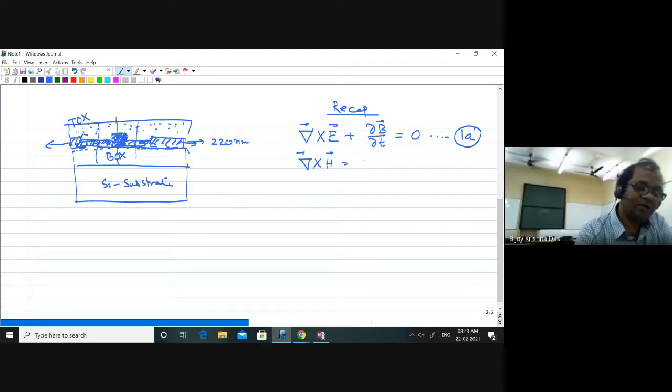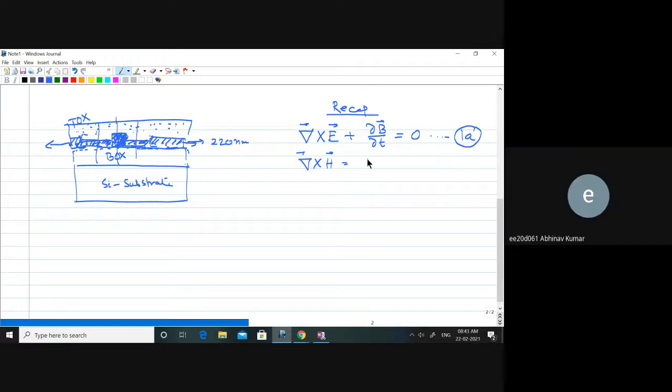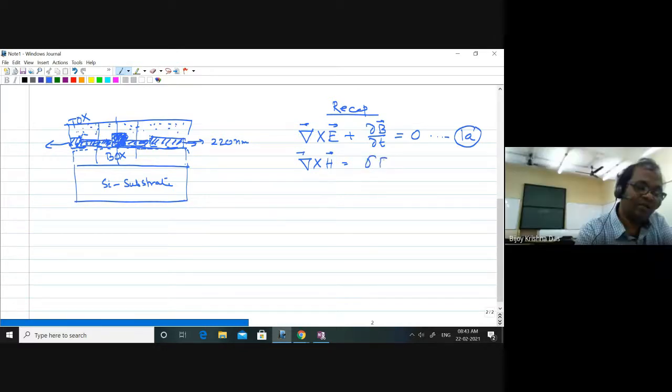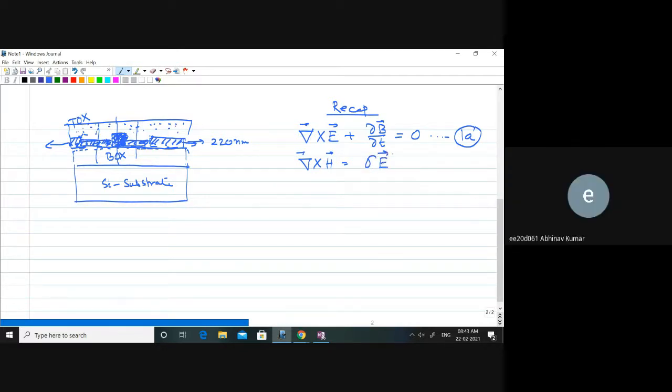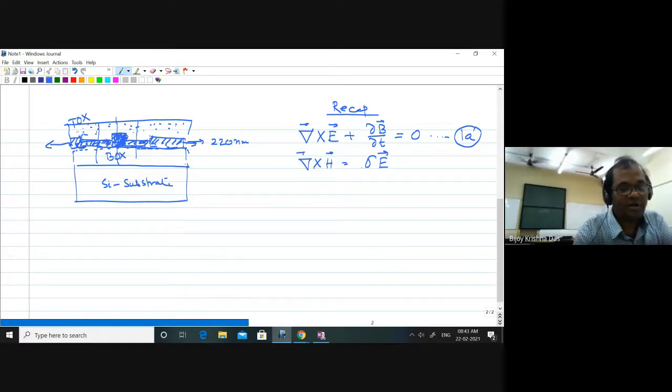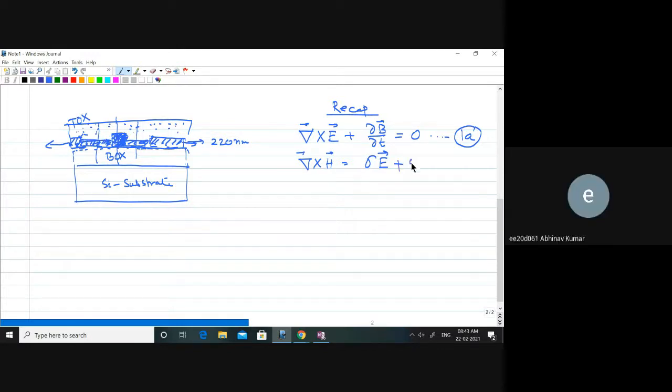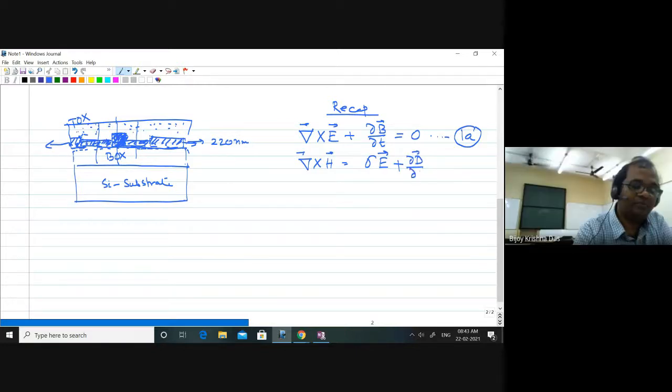JC means conducting current density, right? Yes, sir. That is actually sigma E, where sigma is the conductivity. And plus, what do we write? Displacement current, del D by del t. So this we write as 1B. I think all of you know this.